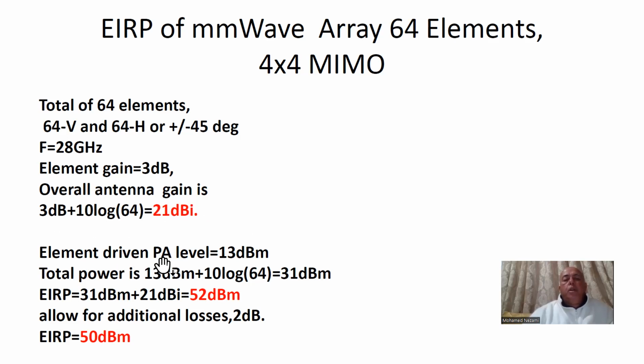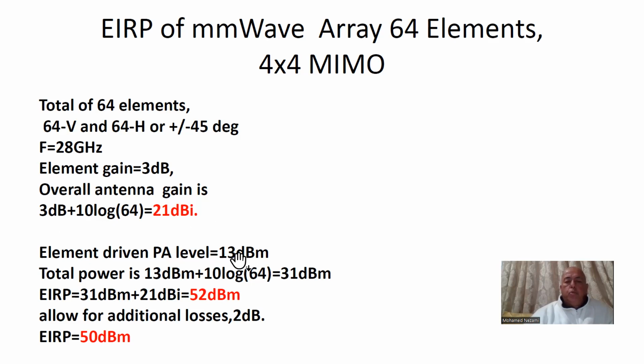So we took 10 log of 64, added it to a unit cell, and that gives us that number. Now we're going to run the beamformer chip PA at 13 dBm. The chip we have chosen is from Renesas, which has 8 IOs, 8 beamformers, 4 of them for one polarization and 4 for the other polarization.